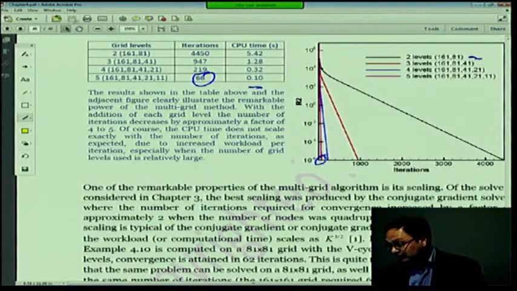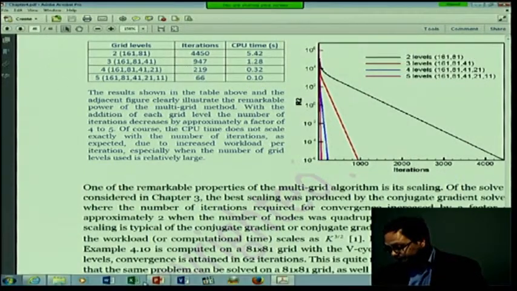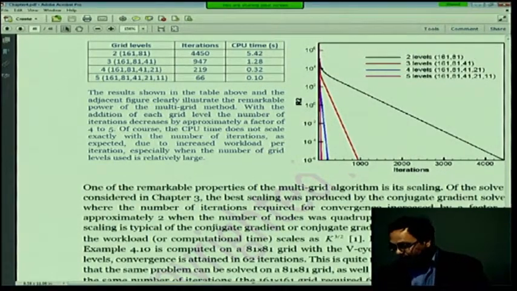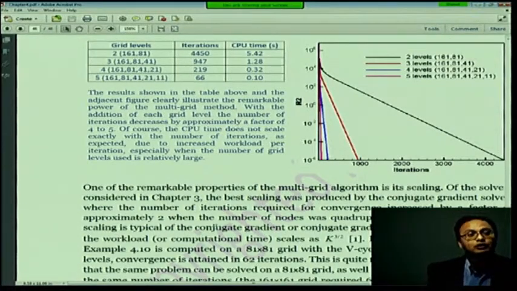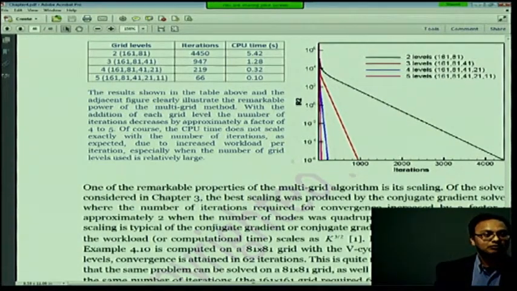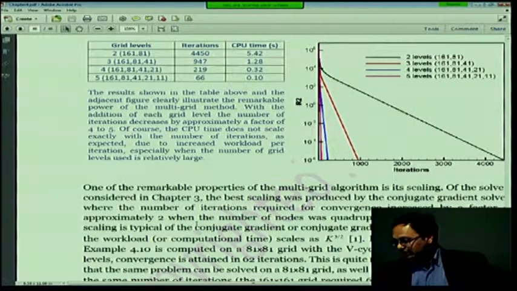If you look at plain Gauss-Seidel, you probably have looked at it in your homework already. The scaling between two mesh levels is approximately a factor of 4, so you need approximately 4 times more iterations.